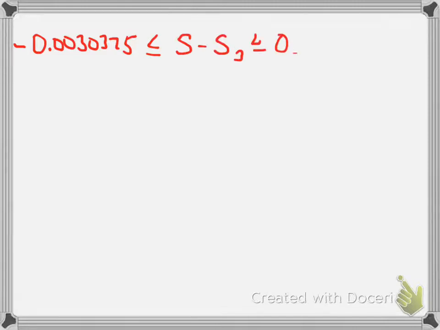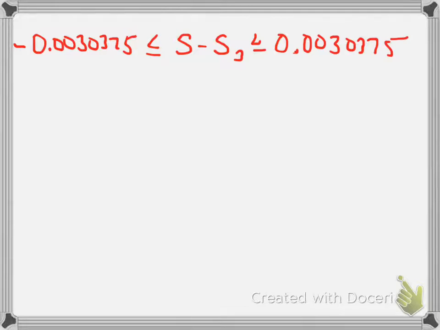So that if I have negative 0.0030375, that's going to be less than or equal to f minus S sub 3, which will be less than or equal to 0.0030375.